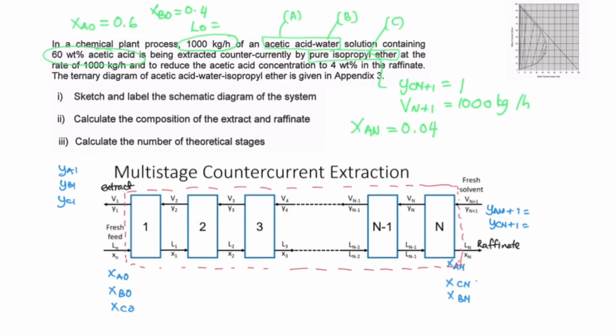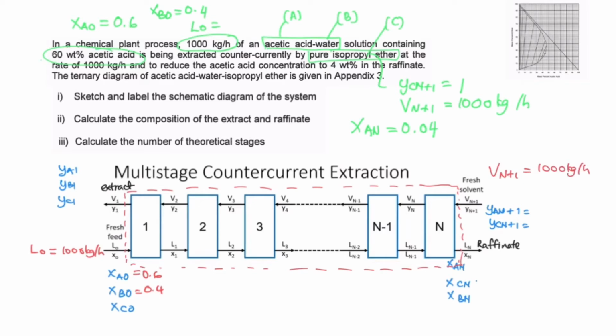Now, let's put the information that we have in the schematic diagram. So we have XA0, which is equal to 0.6, XB0 equal to 0.4, and then we have L0. I just label here L0 equal to 1000 kilogram per hour. And then we are also given the solvent flow rate, which is Vn plus 1, also equal to 1000 kilogram per hour.